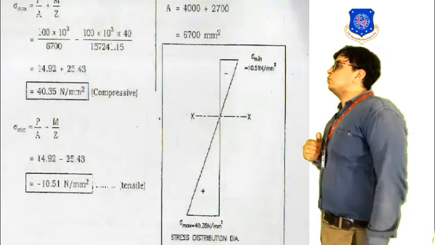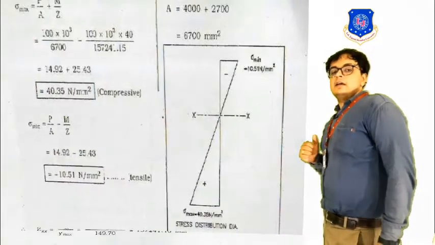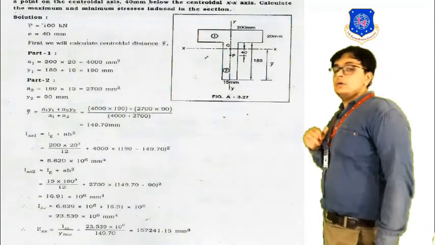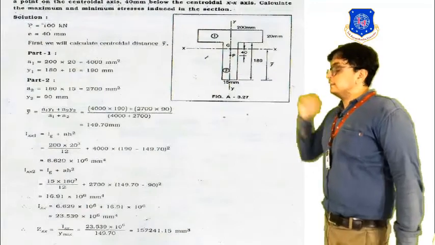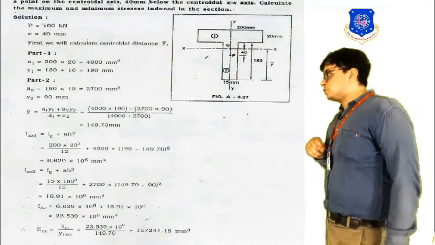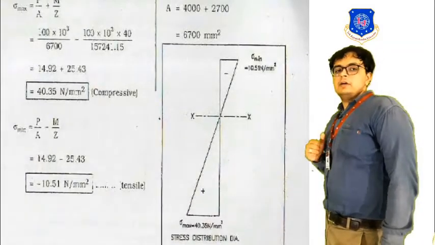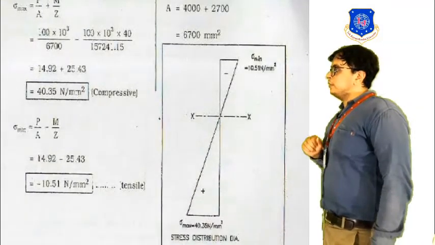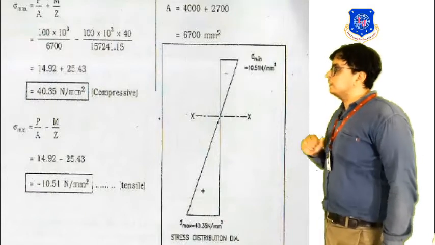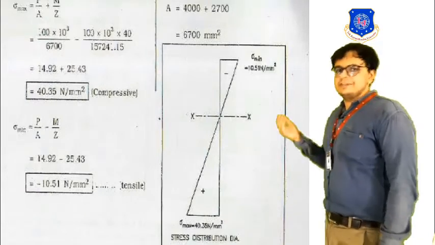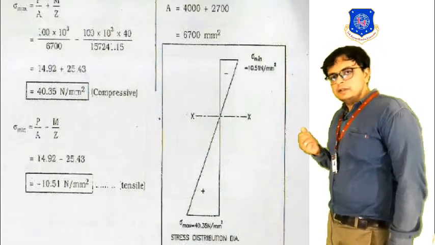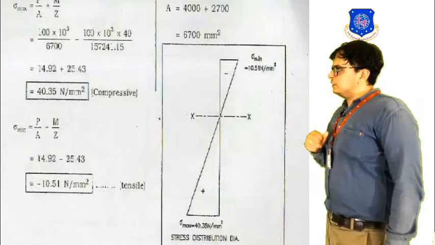Here M means the moment. You can see over here that we have the load of 100 kilonewton at an eccentricity of 40 millimeter. So the moment that will be caused because of this eccentric loading will be equal to 100 into 10 raised to 3, as we are converting it into Newton, into the distance, that is 40.